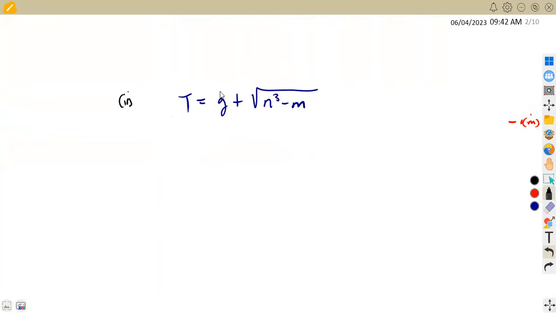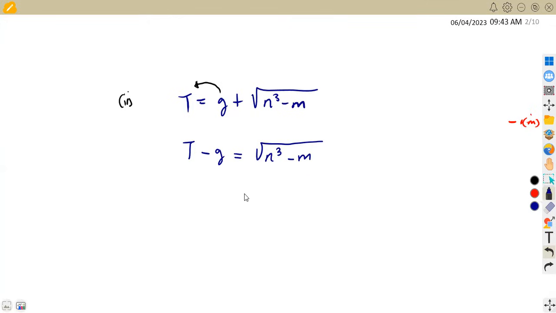So meaning we can simply remove this to the other side of the equation. It does not have anything to do with the square root. It is not affected by anything of the square root. So we can simply transpose this to the other side of the equation, where we are going to have t minus g. Since it is a positive, then it is going to be a negative on the other side of the equation. This part is going to remain as it is, n to the exponent of 3 minus m.